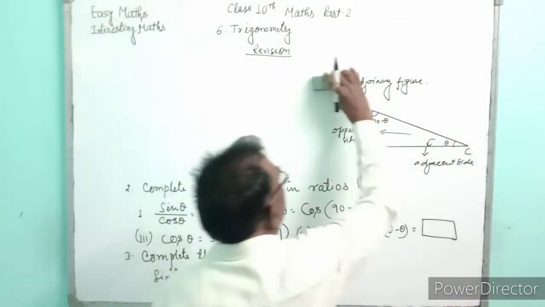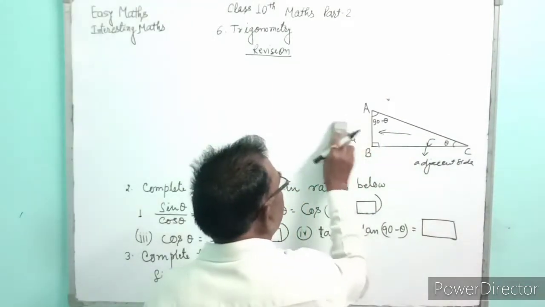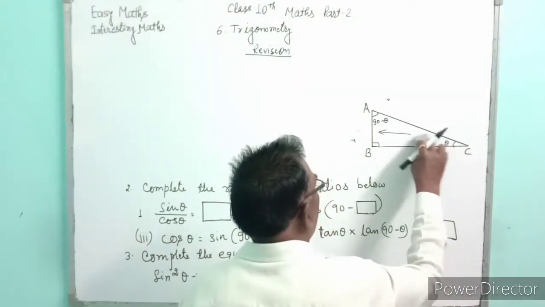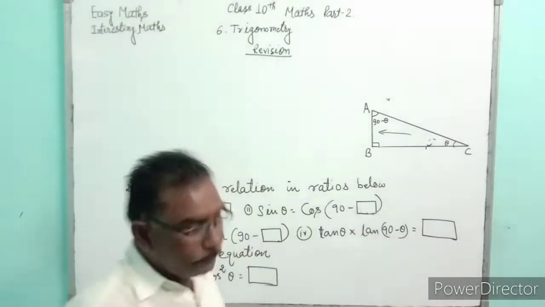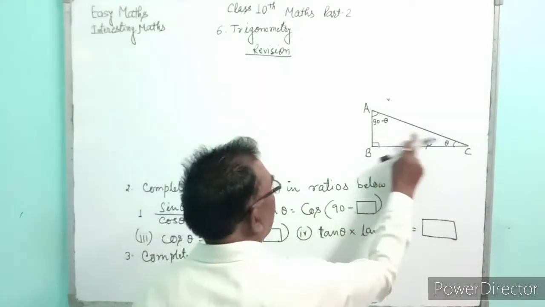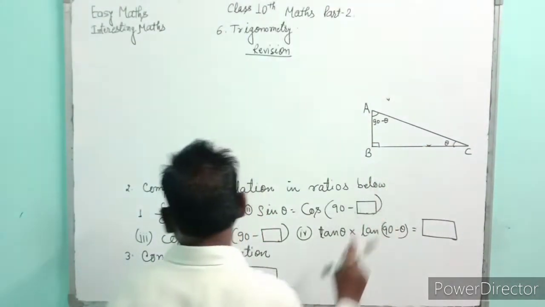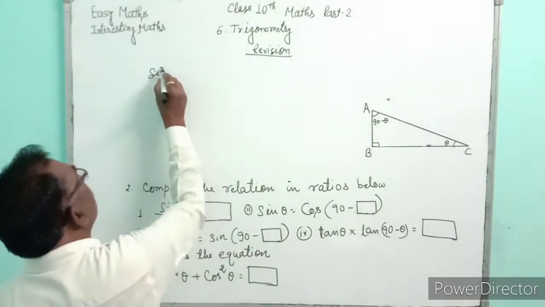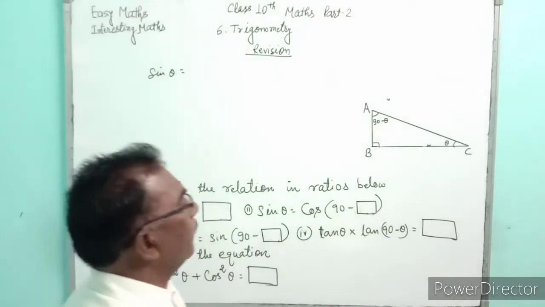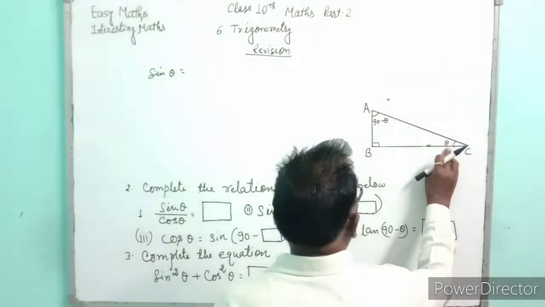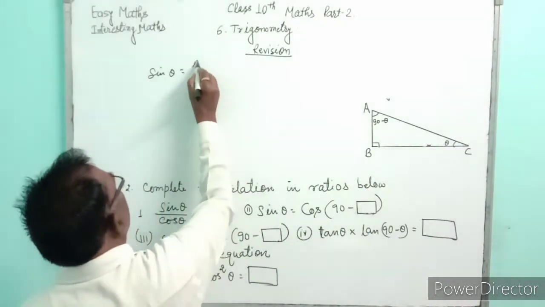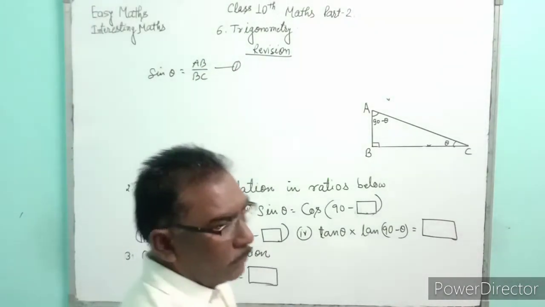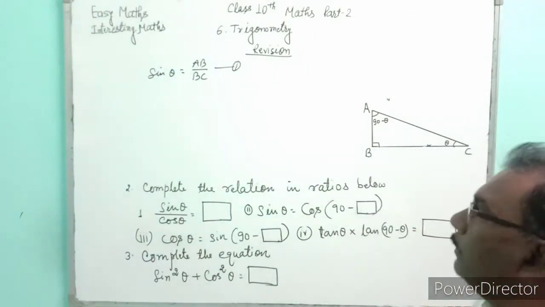We are using the same figure for the second question also. Now sin theta is equal to, for this angle theta, AB by AC, we give number 1.